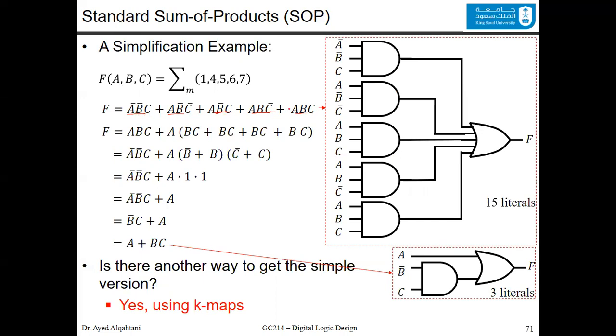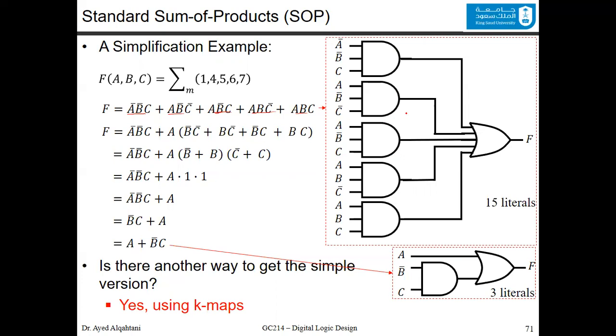To have this function as a block diagram, it will be like this. You can see it has 2 levels. The first level is ANDs. Each one of them has 3 inputs because you have A, B, and C. And after that, you have in the second level a single OR gate with 5 inputs because you have 5 different minterms.